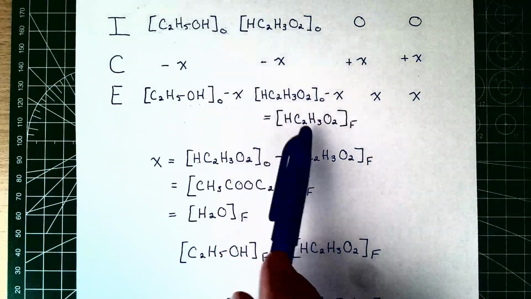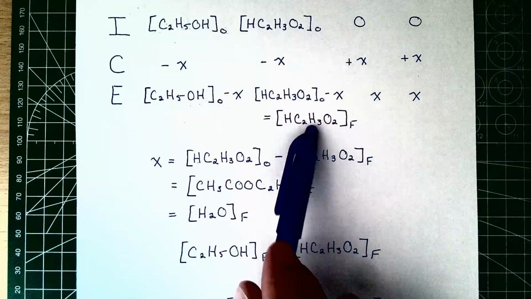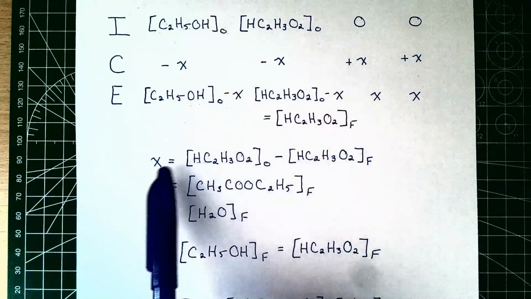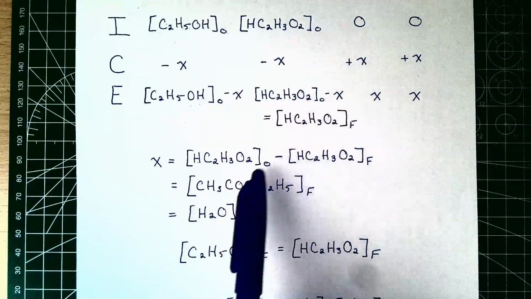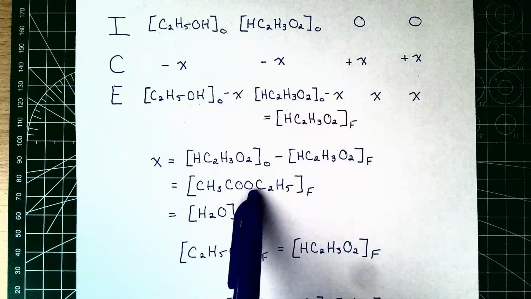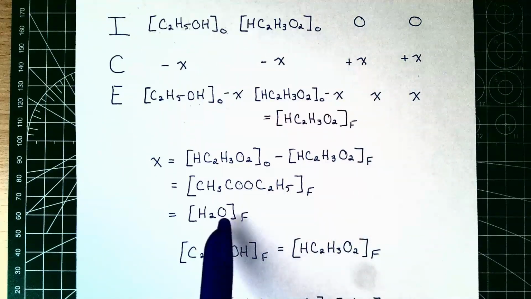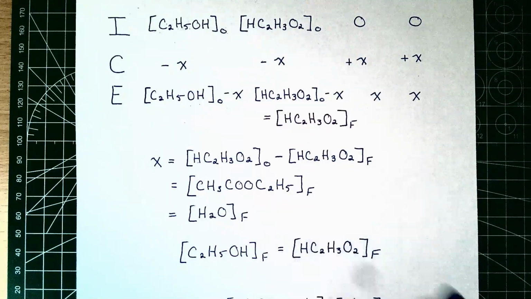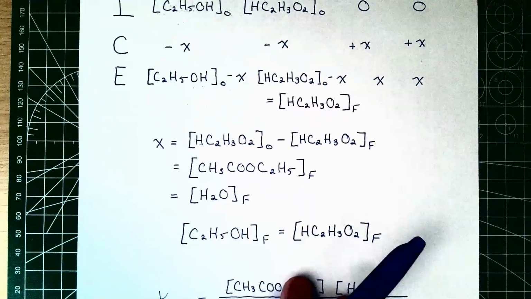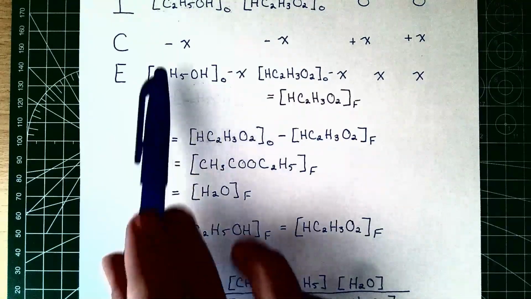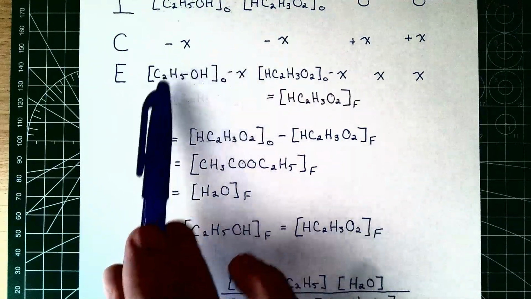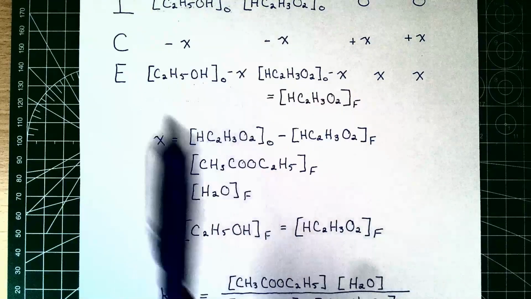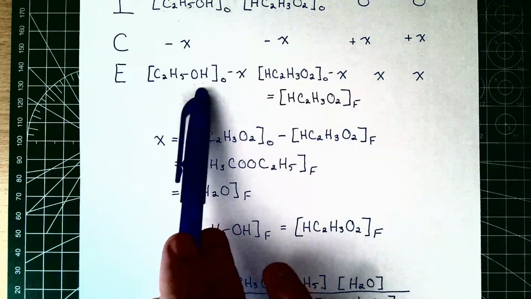Now once we have that, we get quite a bit of stuff. So we already know the equilibrium concentration of acetic acid, but now that we know x, that is going to be the equilibrium concentration for the ethyl acetate, and it's going to be the equilibrium concentration for the water. The only thing we still need to know is this term right here, but we did another clever thing to allow us to know what that is.